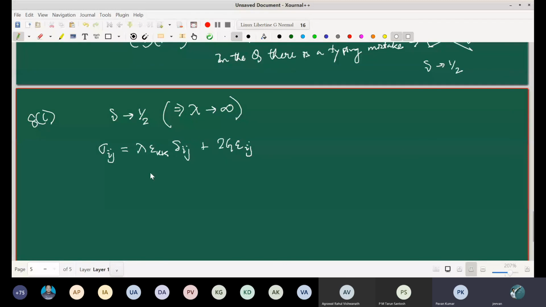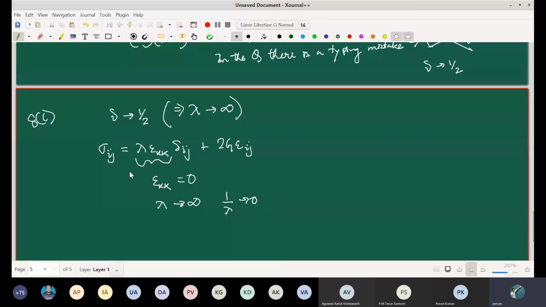If we consider this lambda into epsilon kk, from question number 8 we were seeing that when we are talking about an incompressible material, our epsilon kk is 0. When the cubical dilatation is 0, the nu tends to half, and when the nu tends to half, the lambda tends to infinity. So basically 1 by lambda is tending to 0.